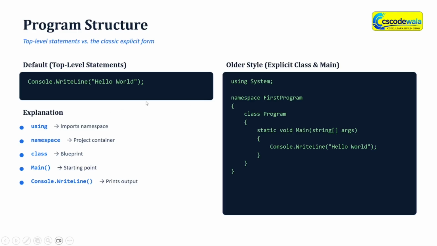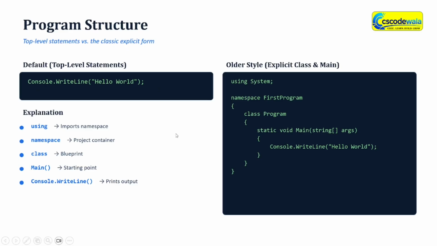Directly we execute it. But in the older style, we specify using System, and then we use the namespace, then Program, then static void Main through which your application is run. And the new style doesn't need to import or create these; the top level statement is directly written here.